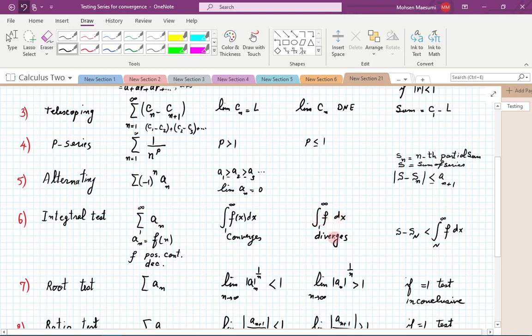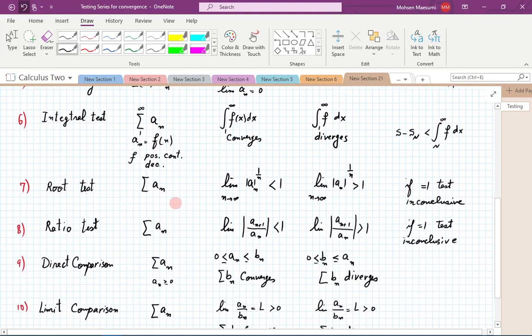If the integral diverges, the series diverges. And we can also approximate how close we are if we add the first n terms. The difference between the actual sum and the partial sum of the first n terms is less than the integral of our function on its tail, from n to infinity.